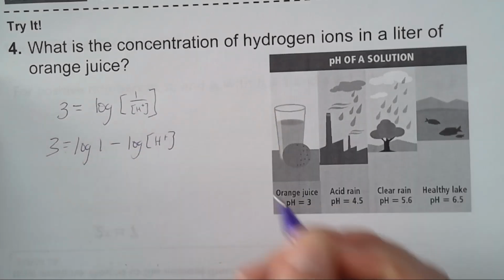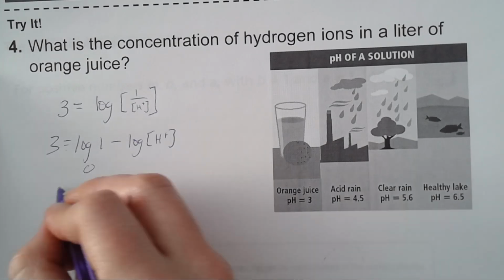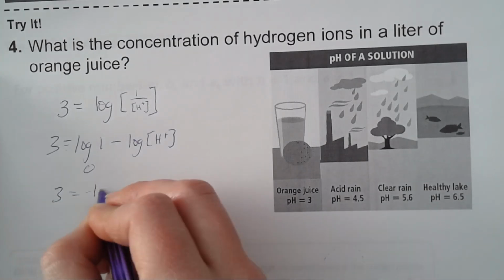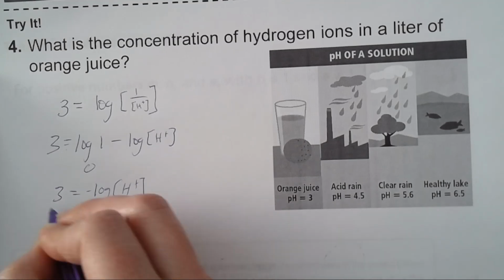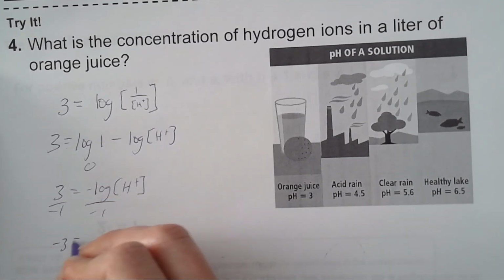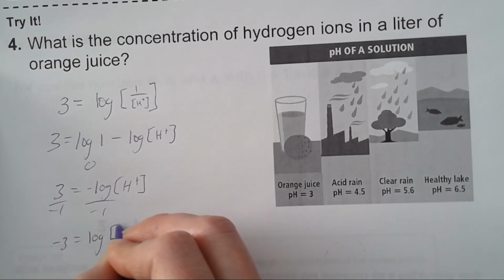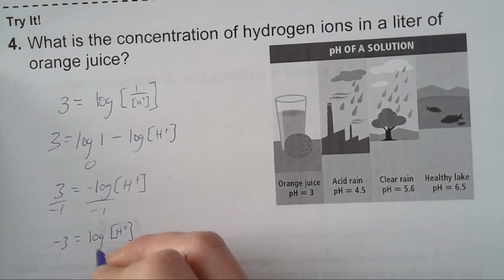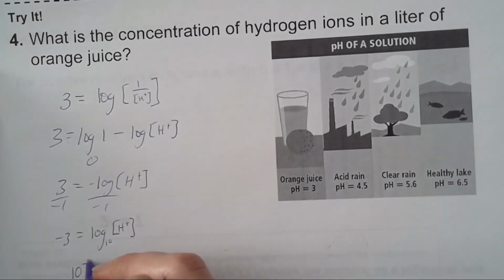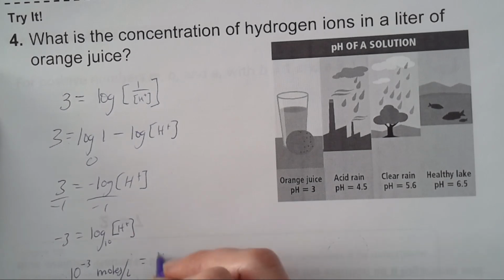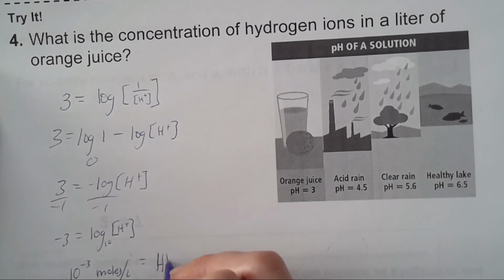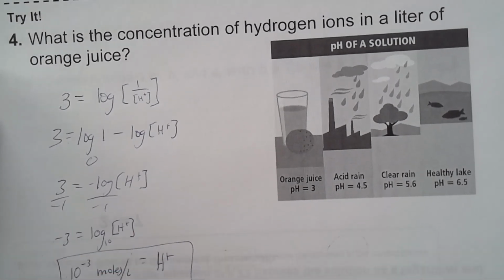Right, this is 0, so I can just leave that right there. We're going to divide by negative 1. And we get 10 to the negative 3rd moles per liter for our hydrogen ions.